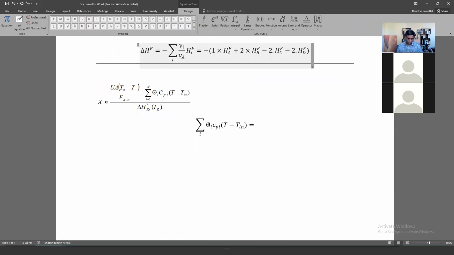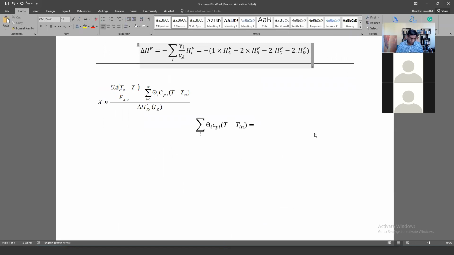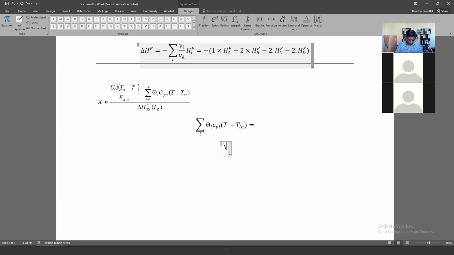And remember when we defined this inlet flow ratio, that was simply beta I equals F sub I over F sub A. So it's not a mole fraction, right? This is by no means a mole fraction.